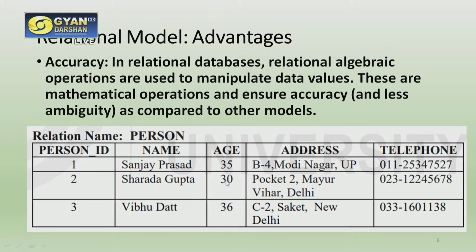That kind of constraint puts a restriction on the age, and by mistake you won't be able to put an age like 70. Like that, a lot of accuracy-related constraints can be specified as far as relations are concerned.